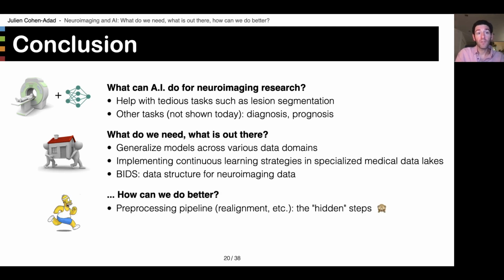And in fact, I haven't talked about one critical aspect of neuroimaging, which concerns the pre-processing of images. Images coming out of the scanner need to be filtered, corrected for artifacts, realigned to a template, etc. When we look at some of the machine learning medical challenges, such as the BRATS for brain tumor segmentation, images are already pre-processed.